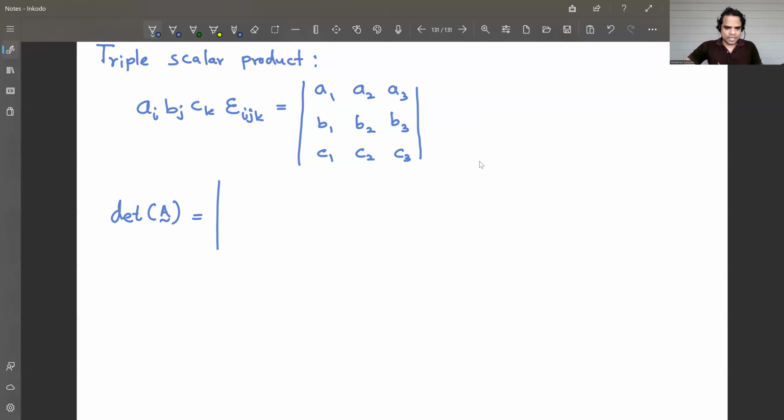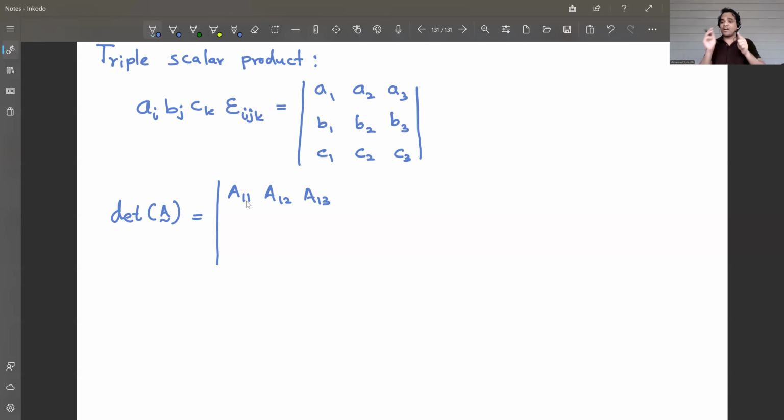Now the determinant of this one, that means A11, A12, A13. There is a difference between the previous determinant and this one. In the previous one, the coefficient is of a vector, not a vector itself, it's a coefficient of a vector: A1, A2.